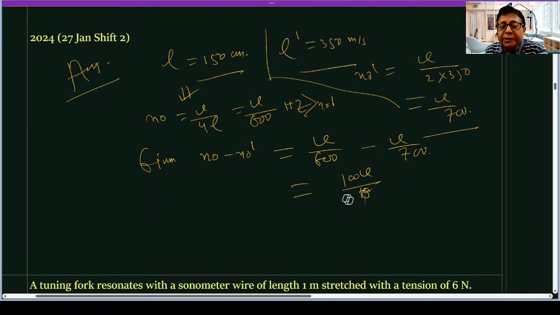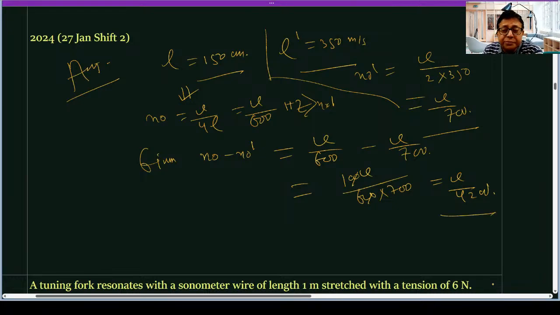So 100 V divided by, alright, so this to get cancelled. V by 4200. Okay? V by 4200. Now this is 7 given.